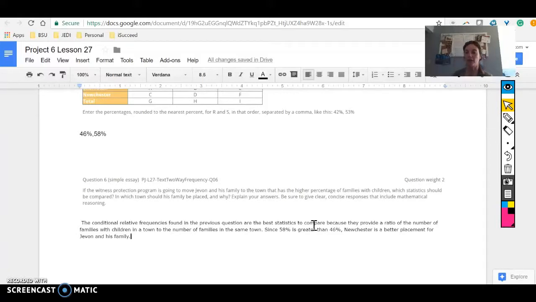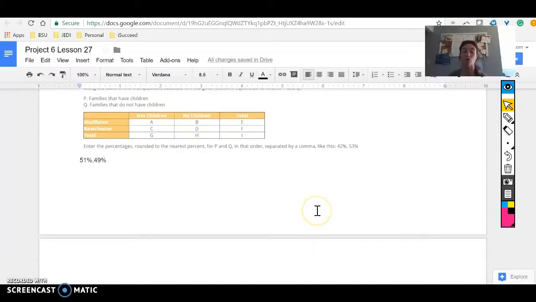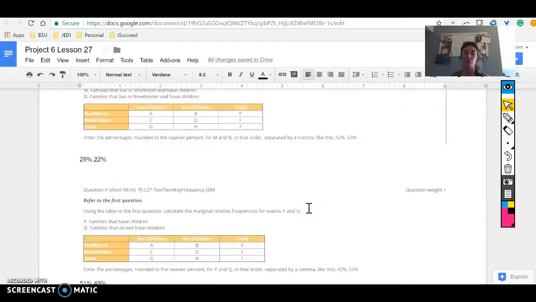The other relative frequencies we calculated, we're either looking at just the total number of children to the total number, or the total number of families with children to the total surveyed. So they didn't take into account the town. That was for number 4.